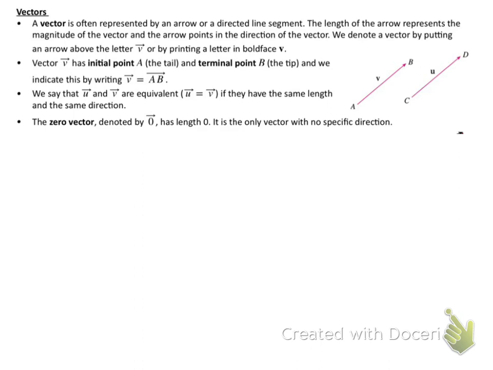The length of the arrow represents the magnitude of the vector, and the arrow points in the direction of the vector. So, a vector is how you go straight from one point to another. You have to go this far, and you have to go along this direction. The length and the angle. That's a vector. Okay? And they are straight.